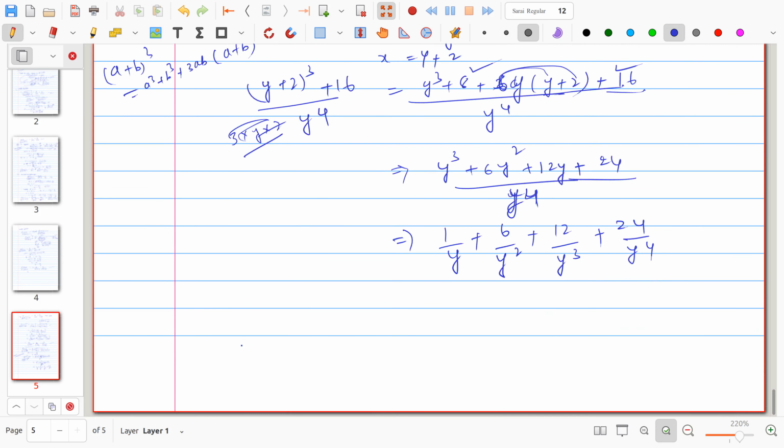And now you put the value of y. The right side term is x cube plus 16 divided by (x minus 2) to the 4. Put the value of y. y is x minus 2.